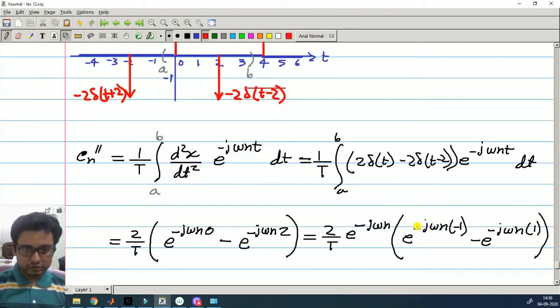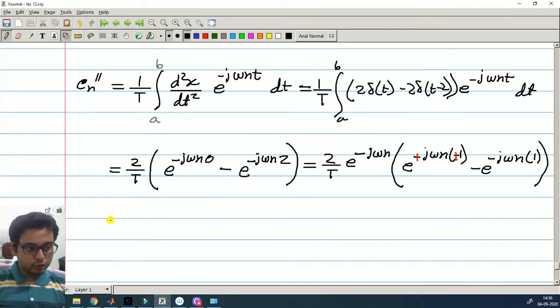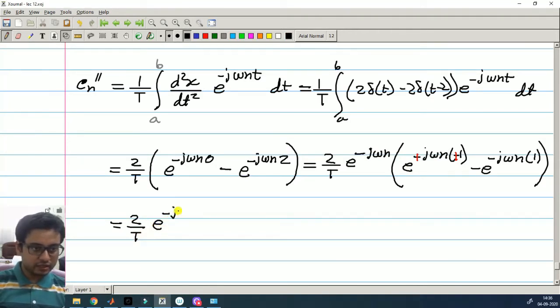Now this 2 minus goes away, so we have 2 over T e to the power minus j omega n, and this term inside the bracket is nothing but sine omega n multiplied with 2j.